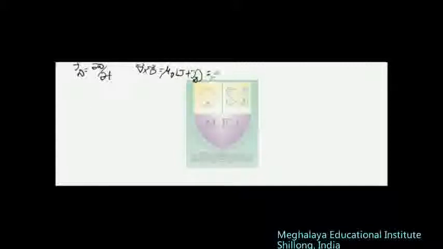So we can write it as mu naught J plus mu naught into del D del T. I can also write it as mu naught J plus mu naught epsilon naught del E del T. Please remember, D is equal to epsilon naught E and B is equal to mu naught H.